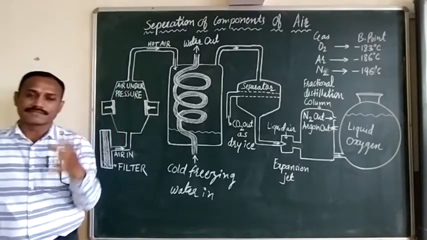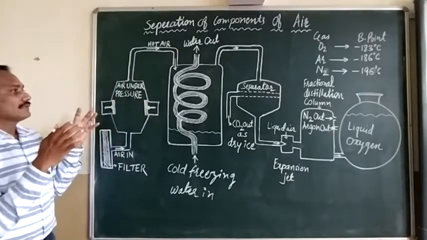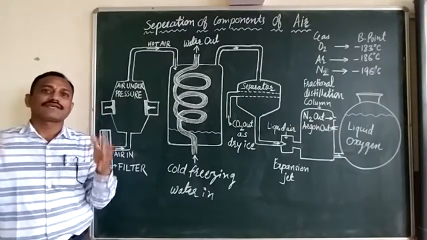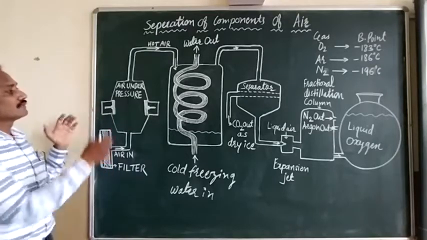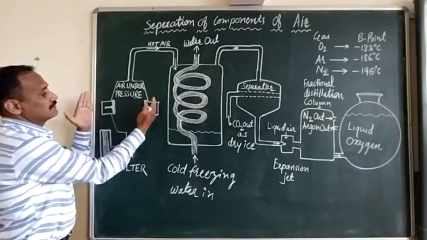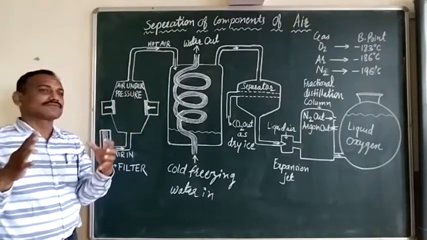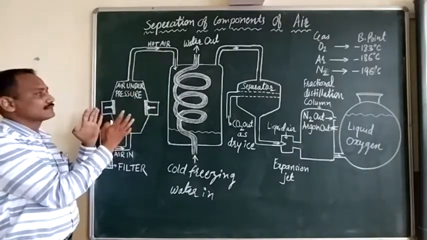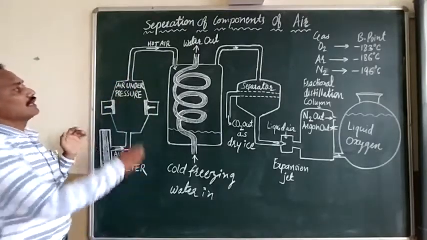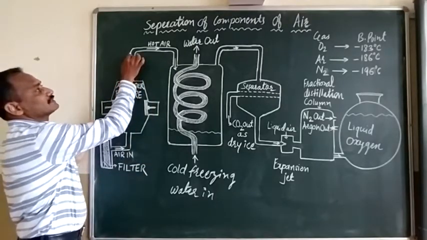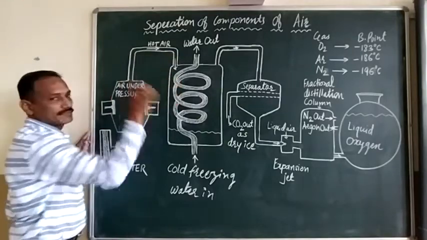We know when we apply pressure on air, the air becomes hot due to friction. So we apply pressure on the air, the air is compressed and it becomes hot, and that hot air finds its way towards the second chamber.